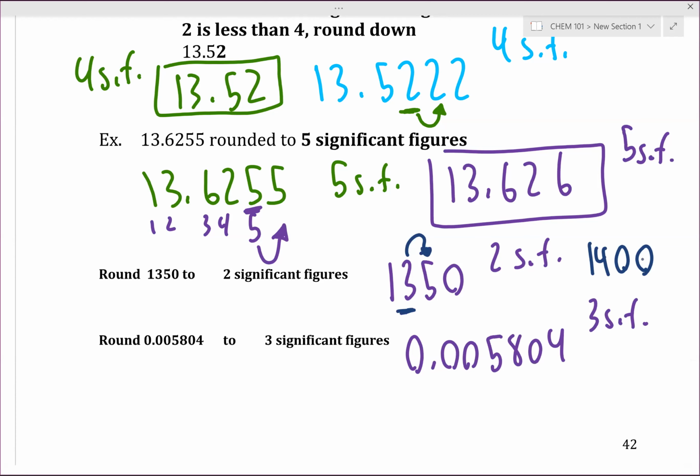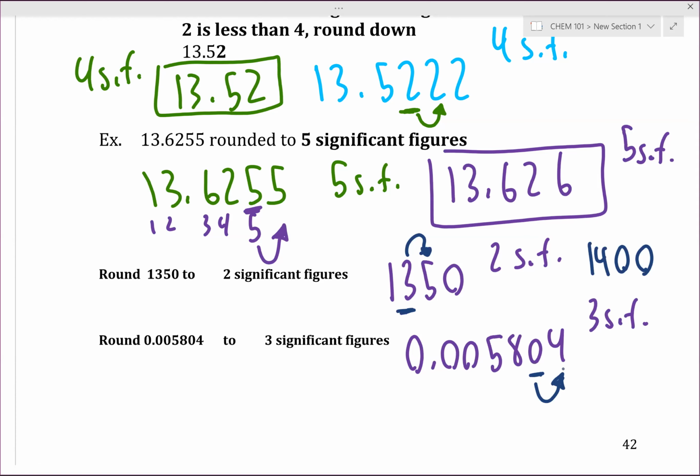In the next case, where is the third significant digit? Yes, that's exactly right. Okay, and as we look one space to the right, do we round up or down? So looking at 4, is 4 greater than or less than 5? Less than. So do we round up or down?